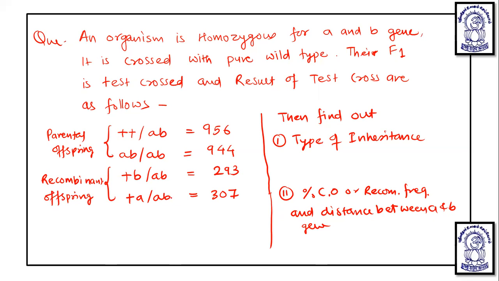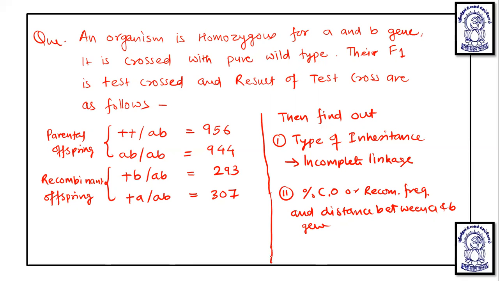So if recombinant offspring are present, then obviously we can say type of inheritance is going to be incomplete linkage, because the crossing over or recombinant offspring or non-parental offspring can be obtained only in case of incomplete linkage. So the type of inheritance is going to be incomplete linkage.